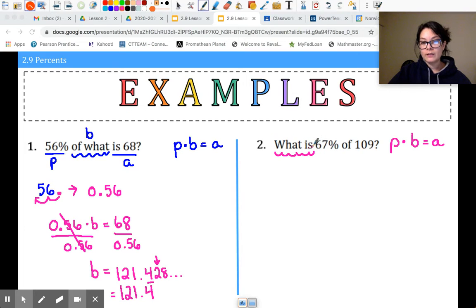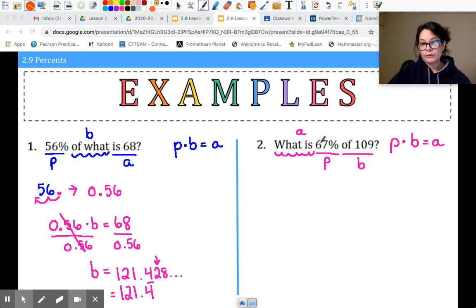This keyword is tells me I'm looking for a part. Everything else should then be numbers in my formula. 67%, well, there's my percent. And then of 109, this keyword of tells me this is my base.